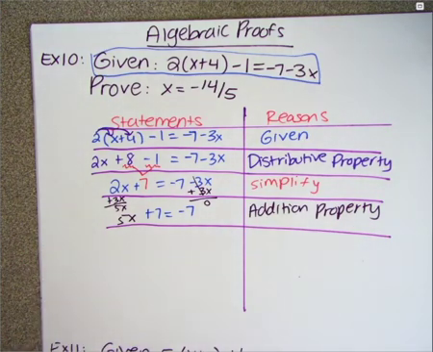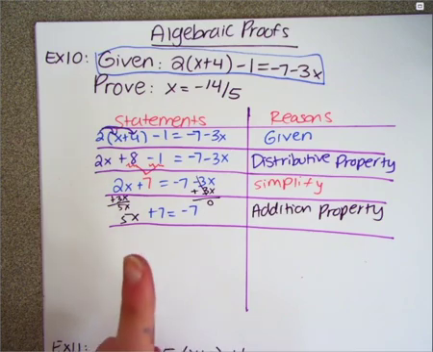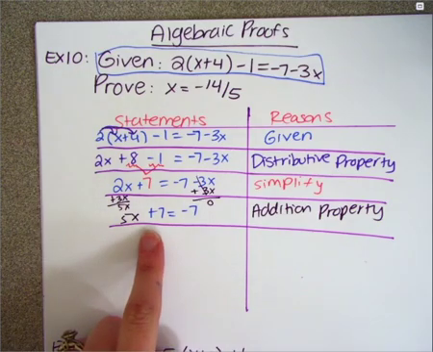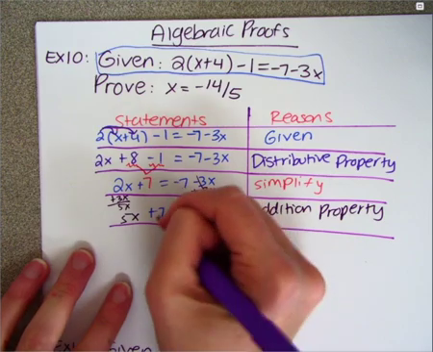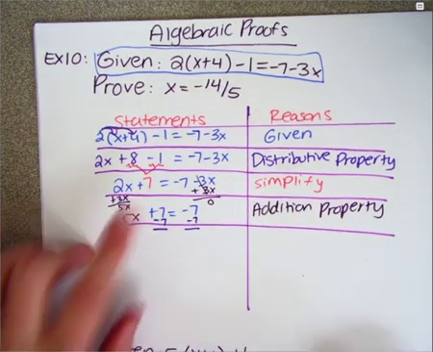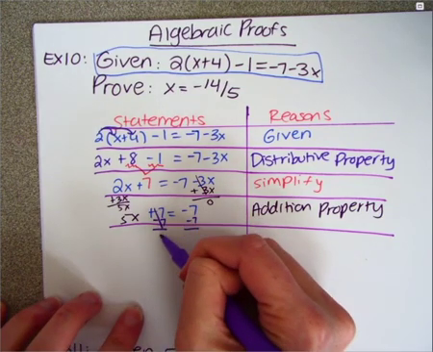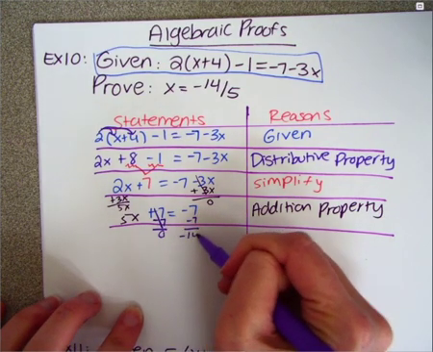All right, let's keep on going. So I'm trying to get x on one side by itself. Currently, that +7 is getting in the way, so I need to move that to the other side. The way that I would move +7 to the other side is by subtracting it on both sides. All right, 7 minus 7 cancels in terms of 0. -7 minus 7 more will give me -14.